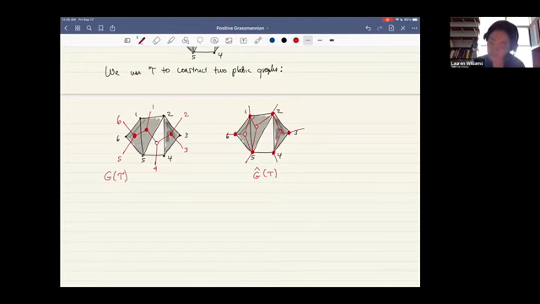Okay, so anyway, we have two plabic graphs associated to our bicolored triangulation, and then the theorem is as follows.